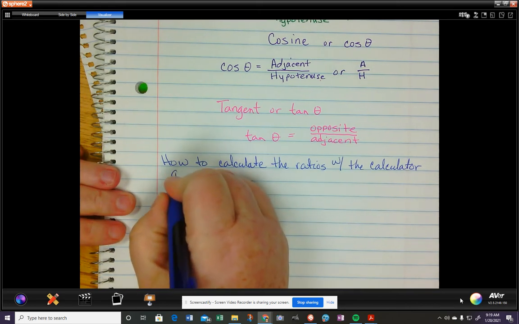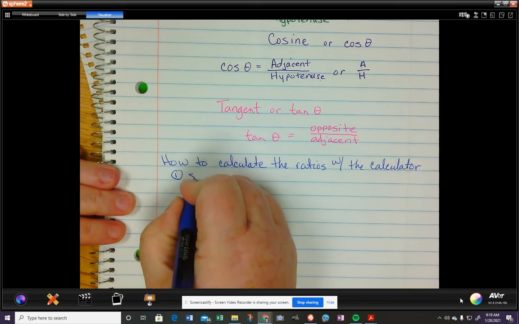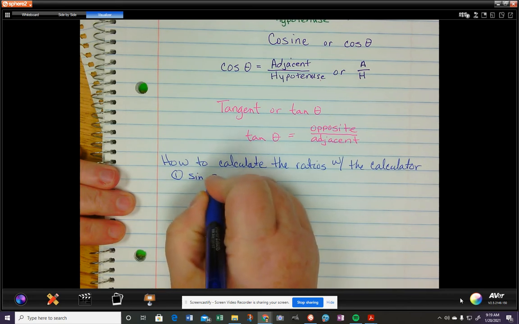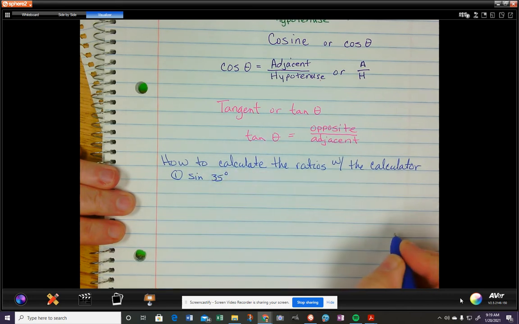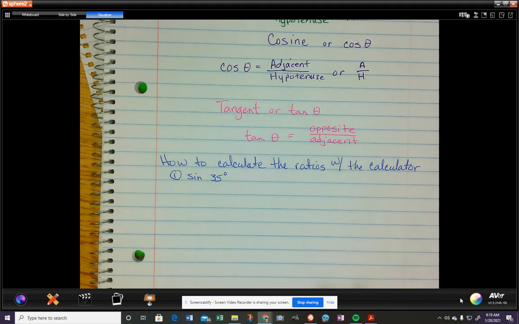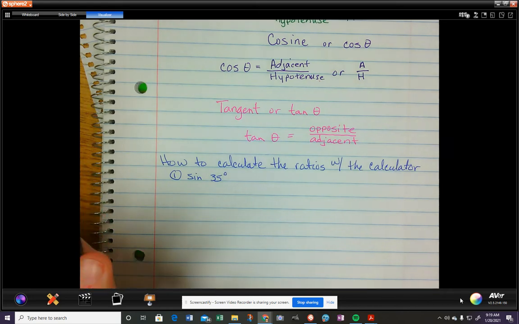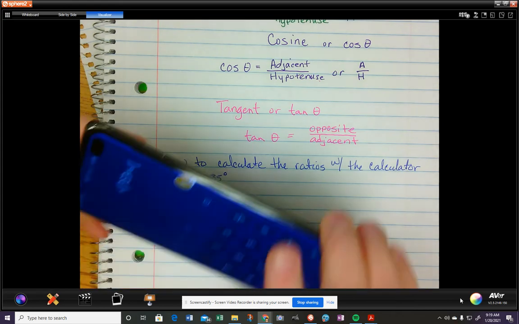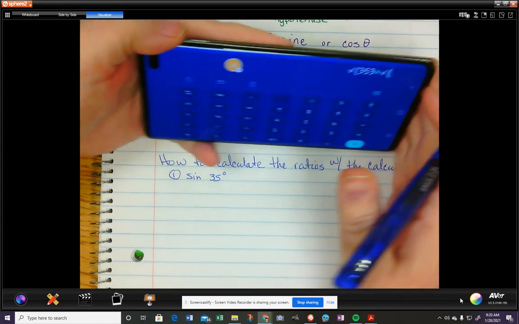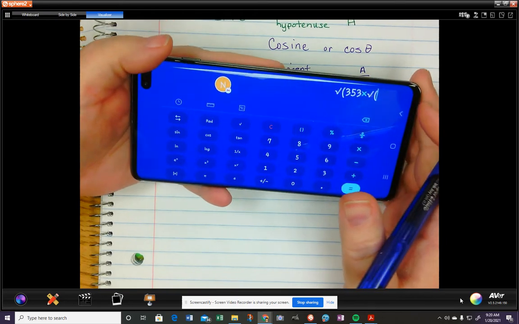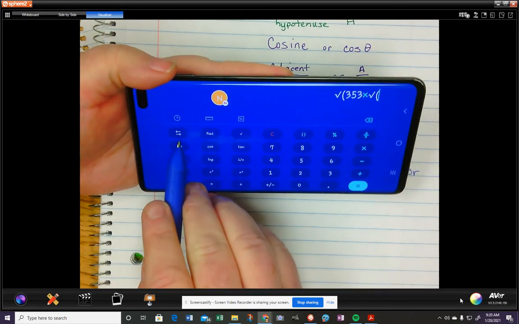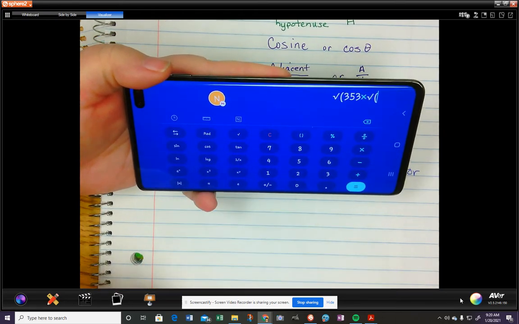So number 1, sine 35 degrees. You can take your phone or your calculator. Go to your calculator. My phone's going to make noises. If you turn it sideways, you should see sine, cosine, and tangent.